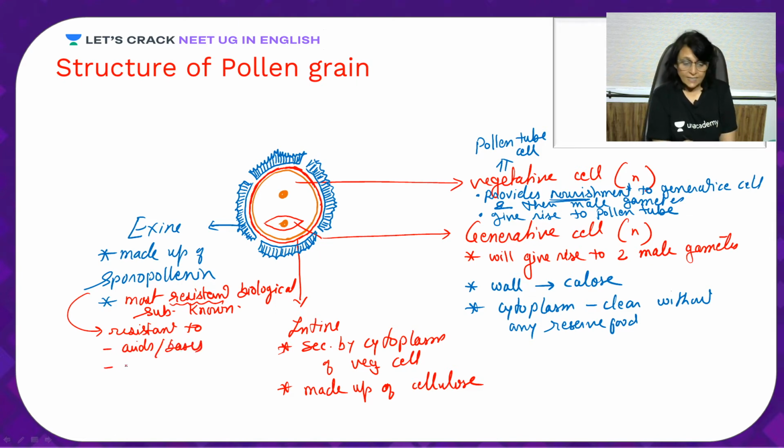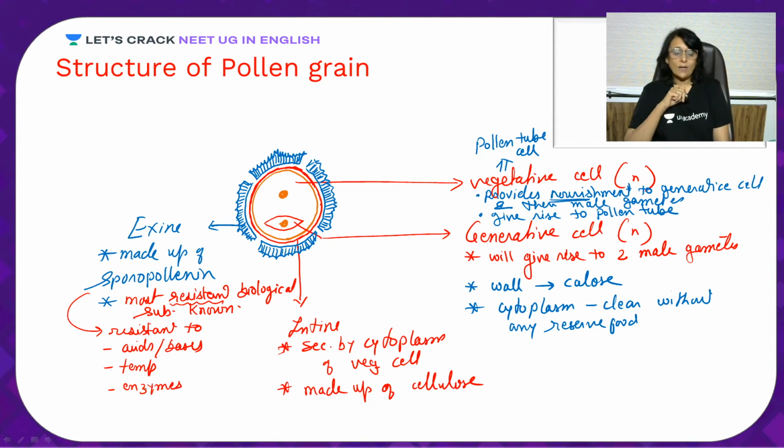It is resistant to temperature, and it is also resistant to enzymes. Now what exactly this sporopollenin is made up of is not very clearly understood, but some scientists believe that it is a combination of lipoprotein, polysaccharide and lipids. So there are multiple things, but we don't exactly know what it is made up of.